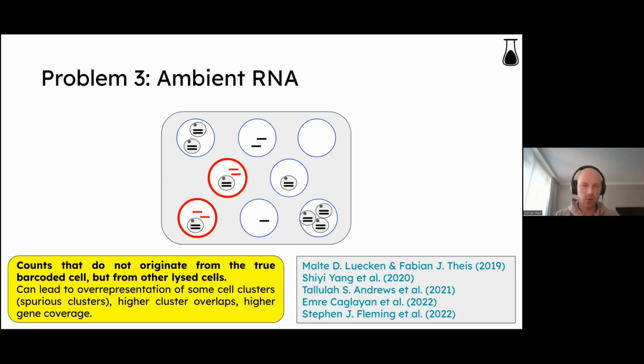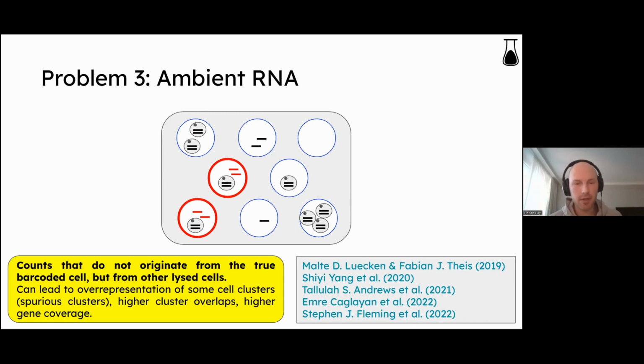And if you now capture your cells, you might capture your cells and this additional floating around RNA, so this ambient RNA, which you don't really want, because it leads again to overrepresented genes, because you have counts from genes, which maybe are housekeeping genes, and they are actually counted more than what you actually get from your individual cell.